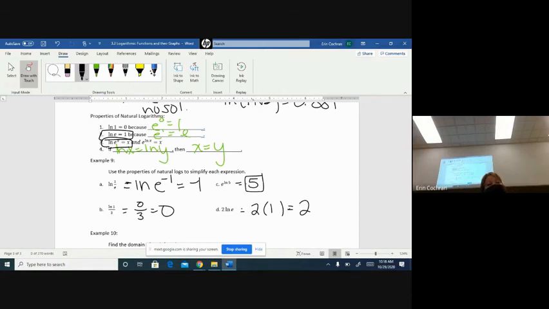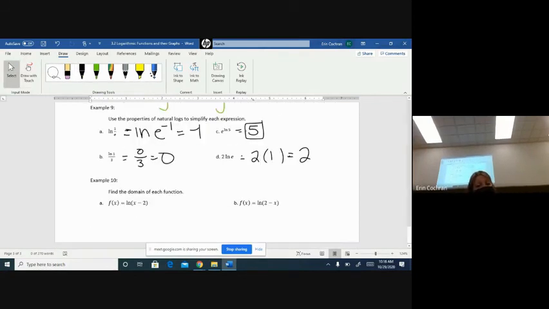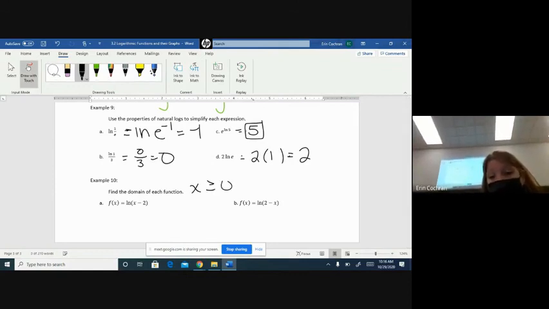All right. Now, for the domain, okay? The domain of natural logs starts with x is greater than 0. X is from the ln of x. So my domain would be x is greater than 0. Now, in this case, what happens here? My graph is shifting, right?